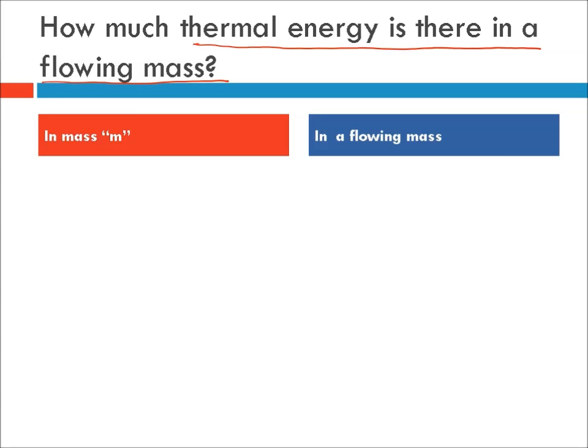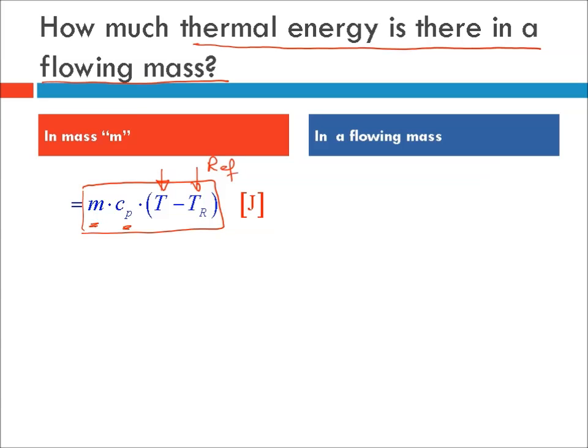So to start with, we know that in a mass m, the amount of thermal energy, or the enthalpy, is m times Cp times its temperature T minus some reference temperature. Okay, and so that's the amount of energy that's there in a mass, and its unit is joules.